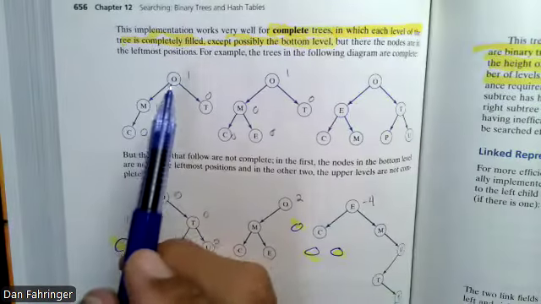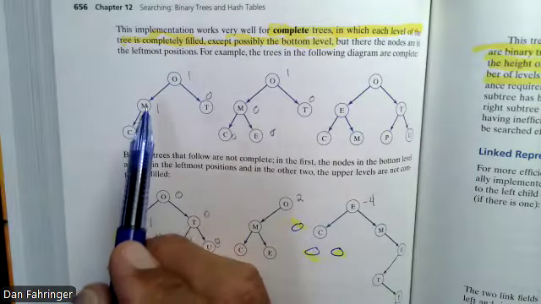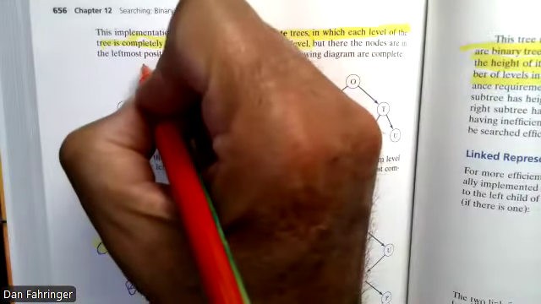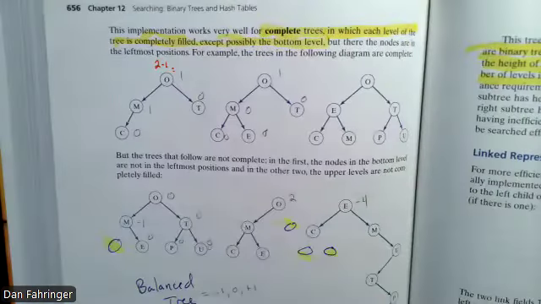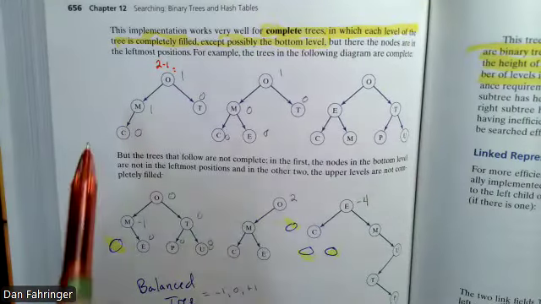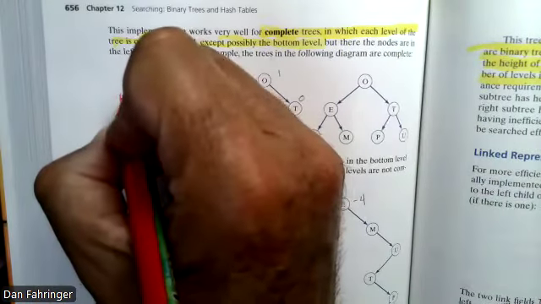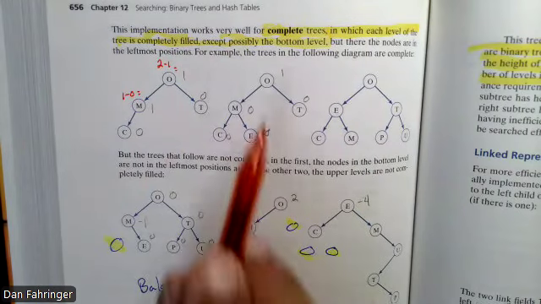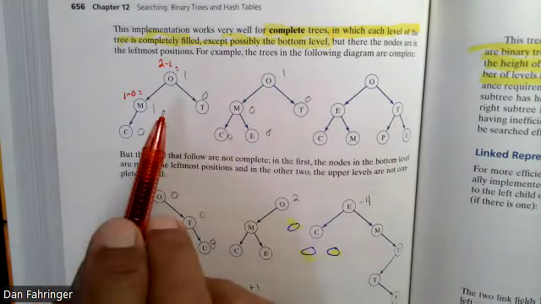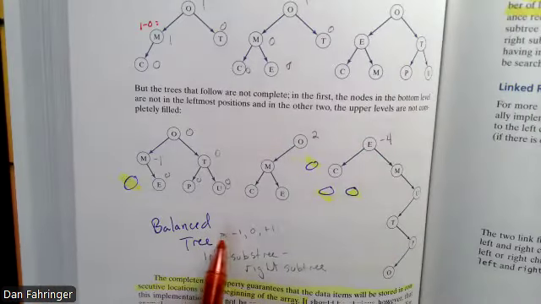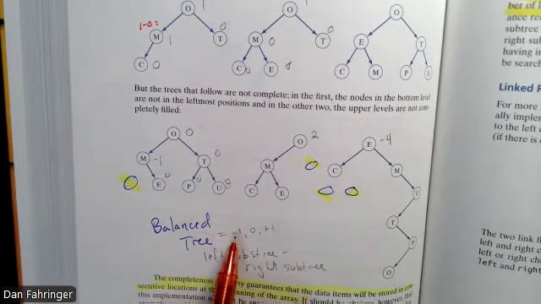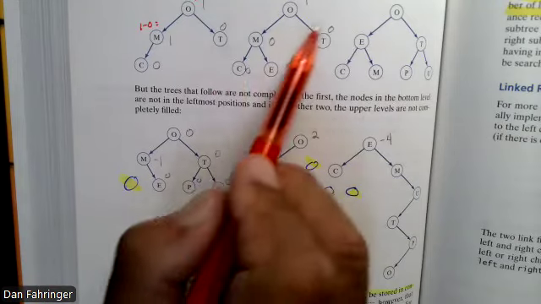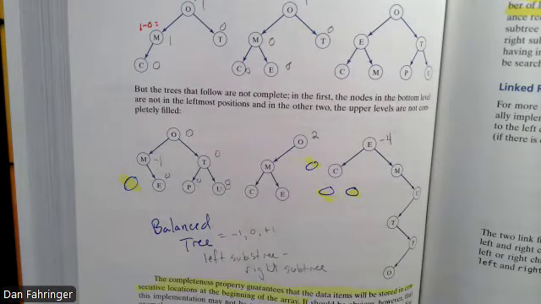So if I come up here to this very first one, the left subtree is a 2. The right subtree is a 1. So this guy is 2 minus 1, gives me a 1. This guy is a 1 minus 0, which gives me a 1. And so on and so on. So if that differential is a -1, a 0, or a +1 for all of the elements, that's a balanced tree.